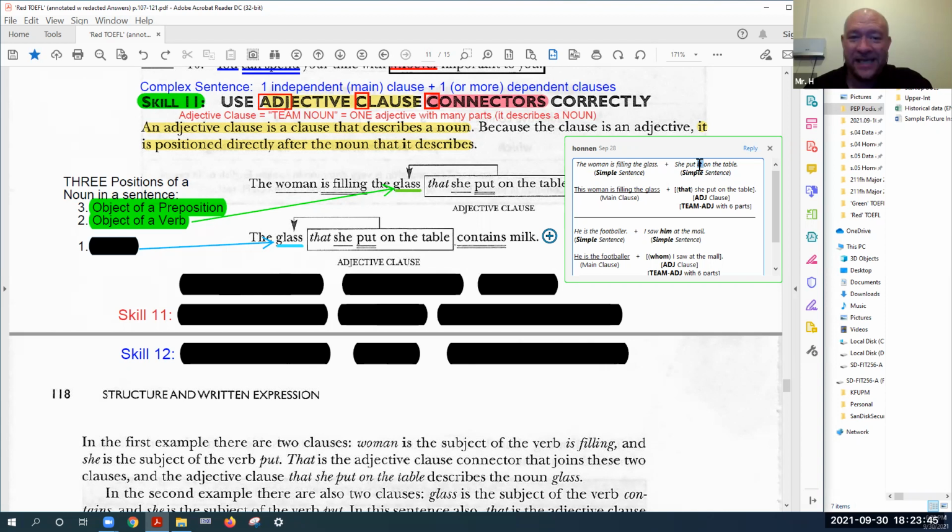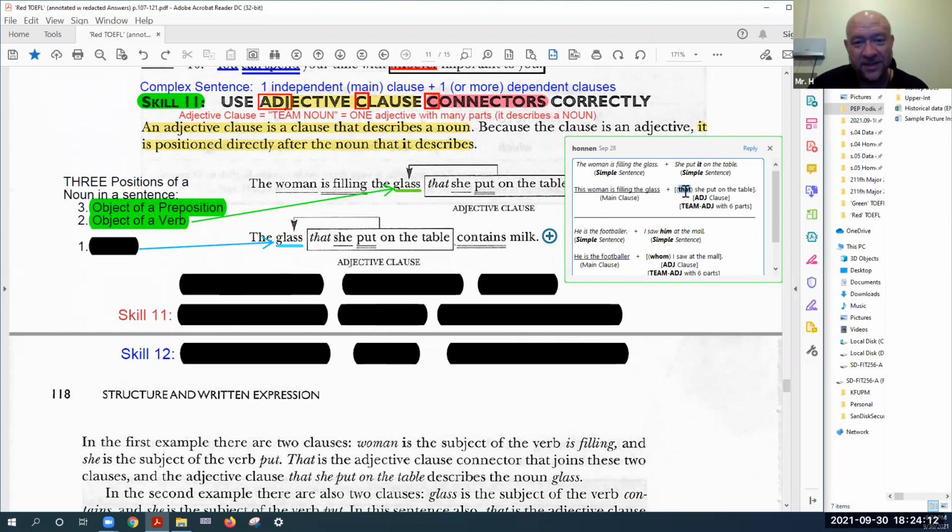How do we replace it? With a connector. Yes. So the connector, that, what does that refer to, guys? The glass. It refers to the glass.